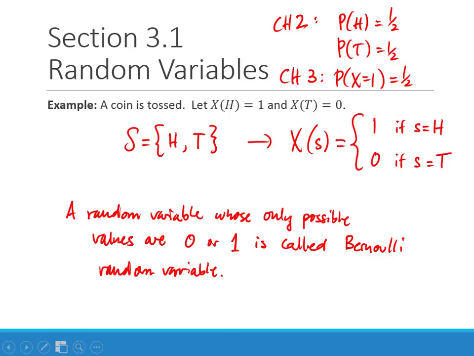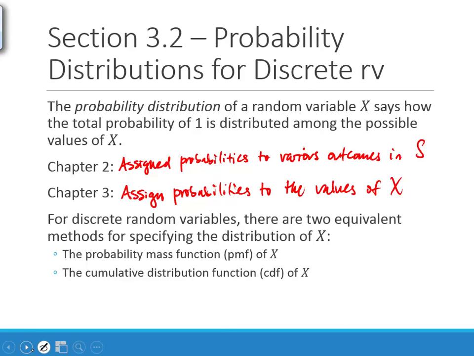So instead of saying the probability of getting a head is 1/2, we're going to talk about some probability and how that relates to the value of our random variable that we're looking at. So that's the slight difference that we're moving into now. It's a little easier to work with numbers instead of all the possible events that we might get. So that's the big idea of section 3.2.